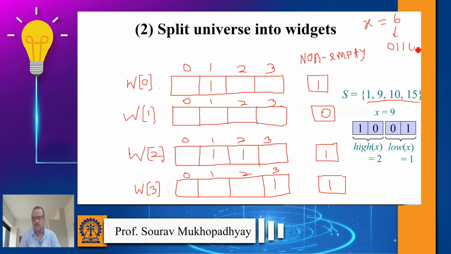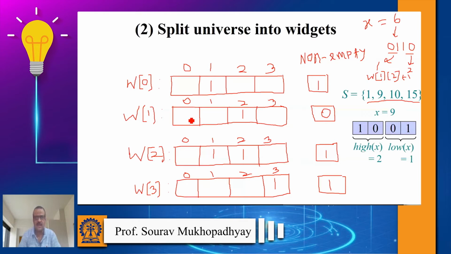So where do we go? We go to widget 1, and if we think of a 2-dimensional array, then we go to position 2 and make it 1. So we go here, and we make it 1. Then we have to check this field, because we inserted an element and we don't know whether this was 1 or 0.